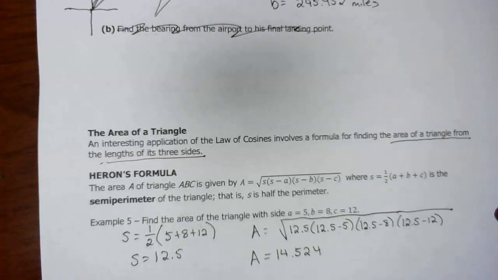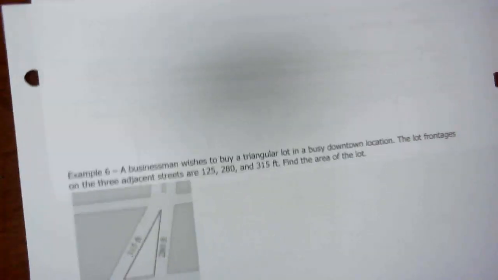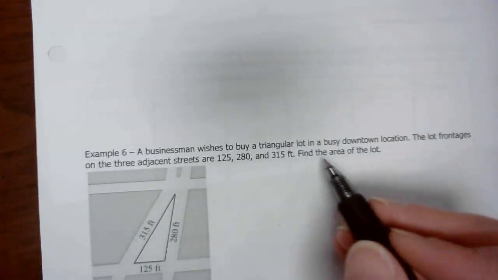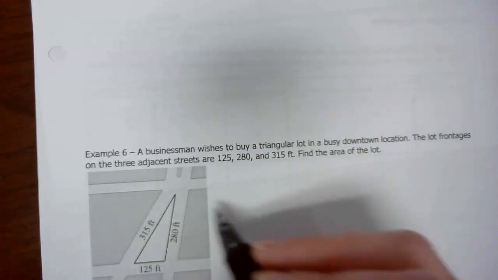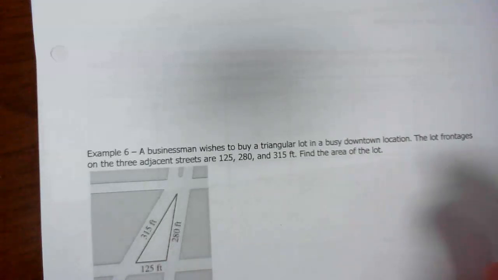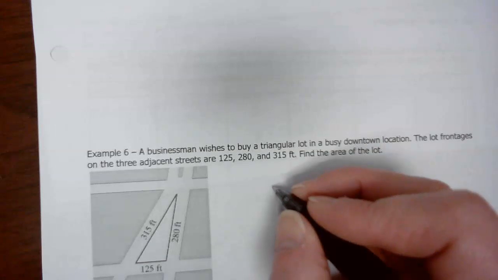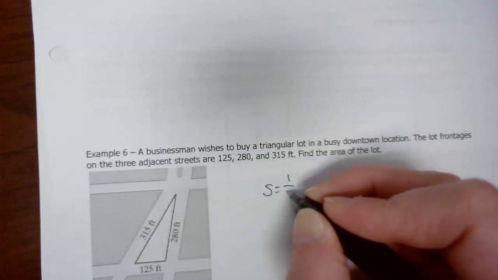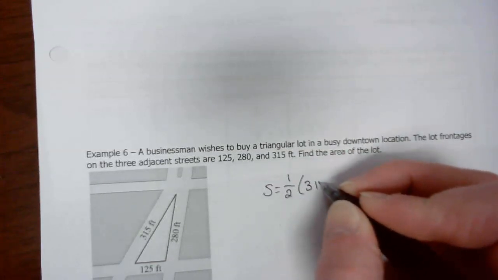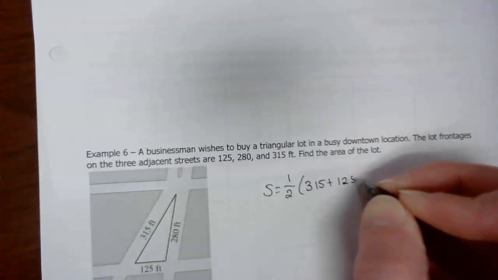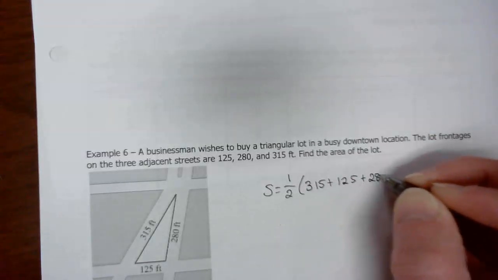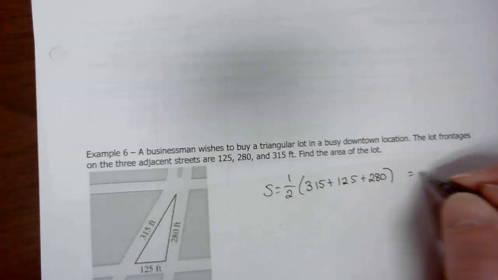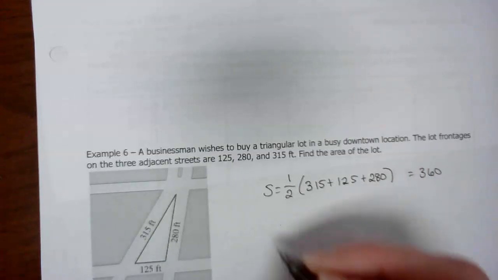I have one more example of using that area formula. So a businessman wishes to buy a triangular lot in a busy downtown area, and here are the dimensions of those sides. So the first thing we would do is find our semi-perimeter. And I end up getting 360 for that.